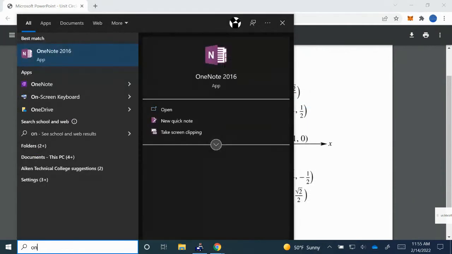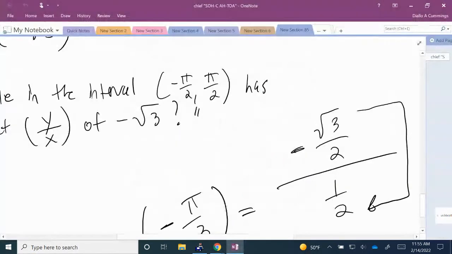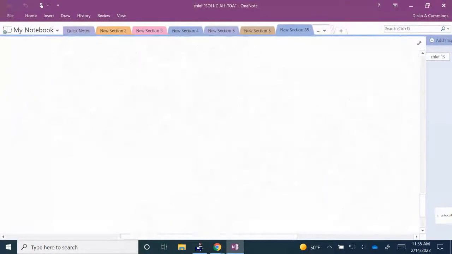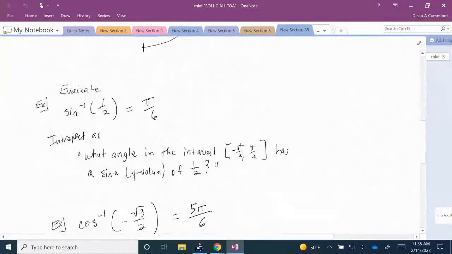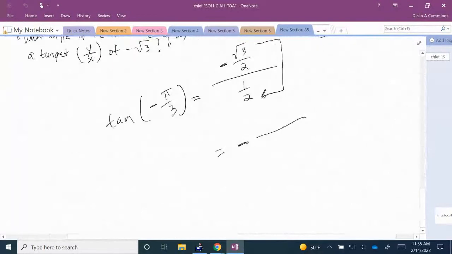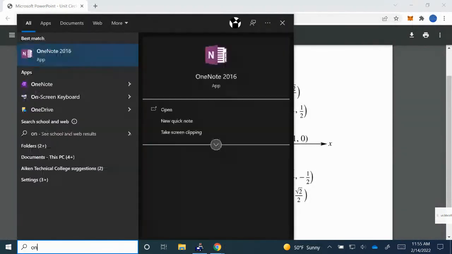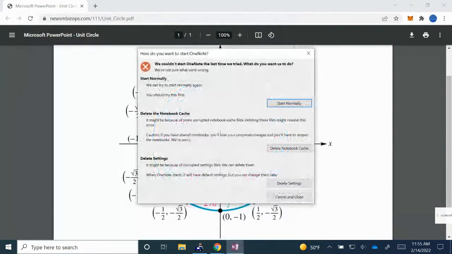So I believe you get square root of 3 once. 2 square root of 3 over 2, that cancels, so you get negative square root of 3. The tangent of pi over 3 should be 1/2.